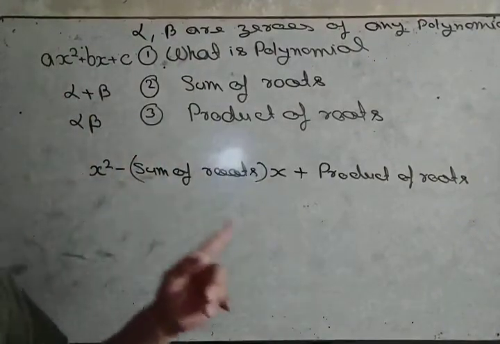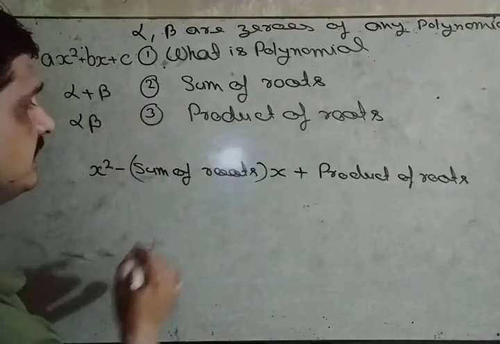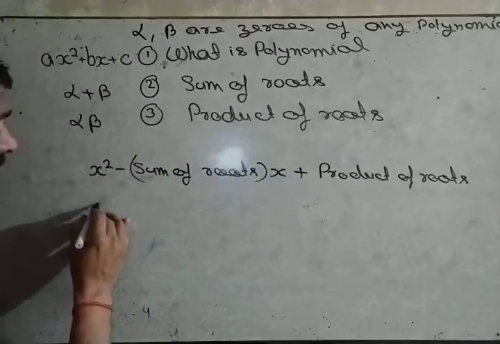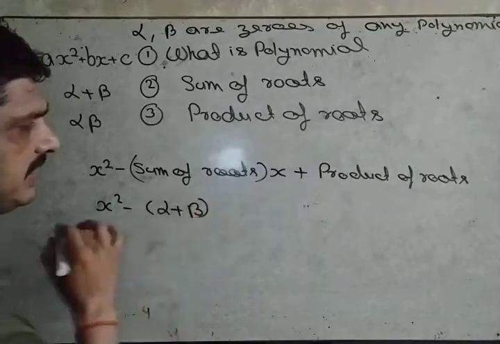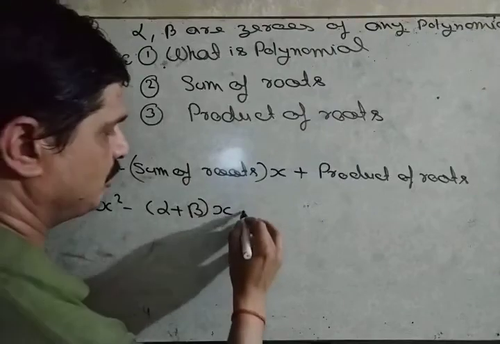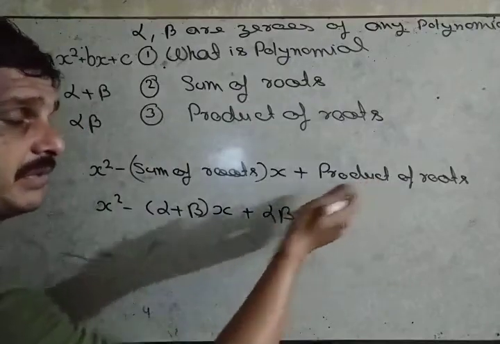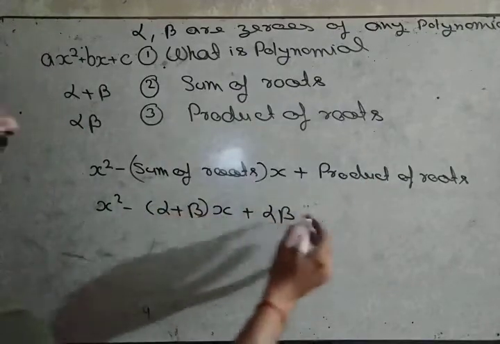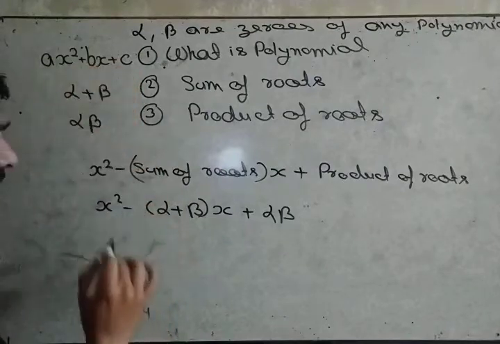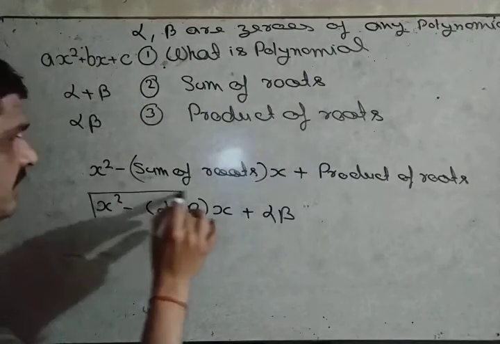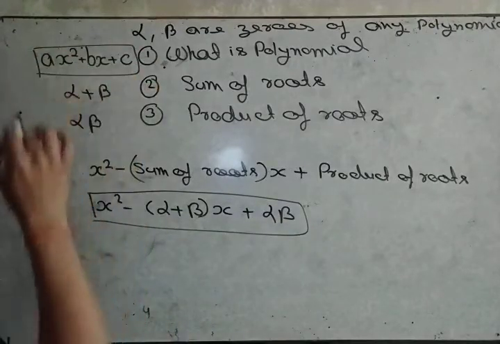We studied this equation in the previous video, where the sum of the roots is alpha plus beta, and the product of the roots is alpha into beta. Now if we compare this equation and this equation, we come to know that these are the same polynomial.